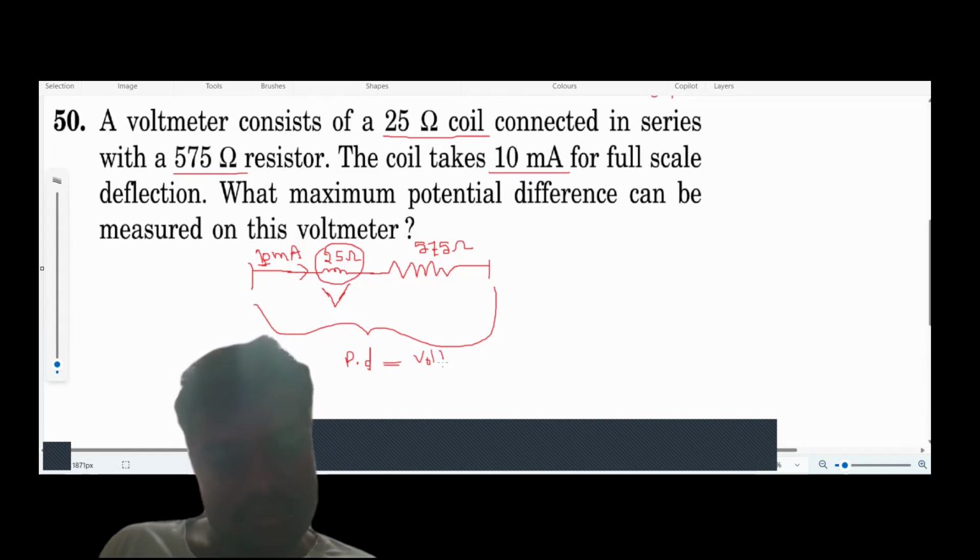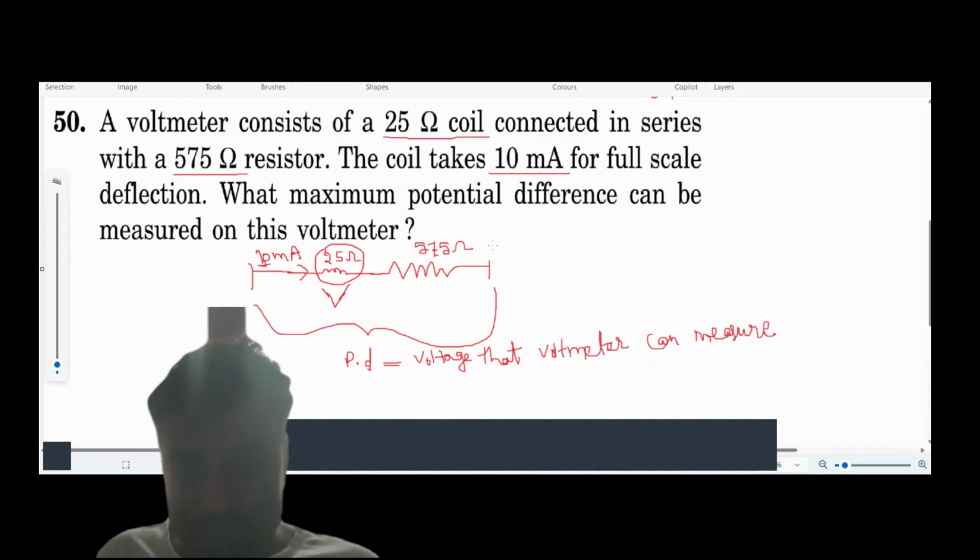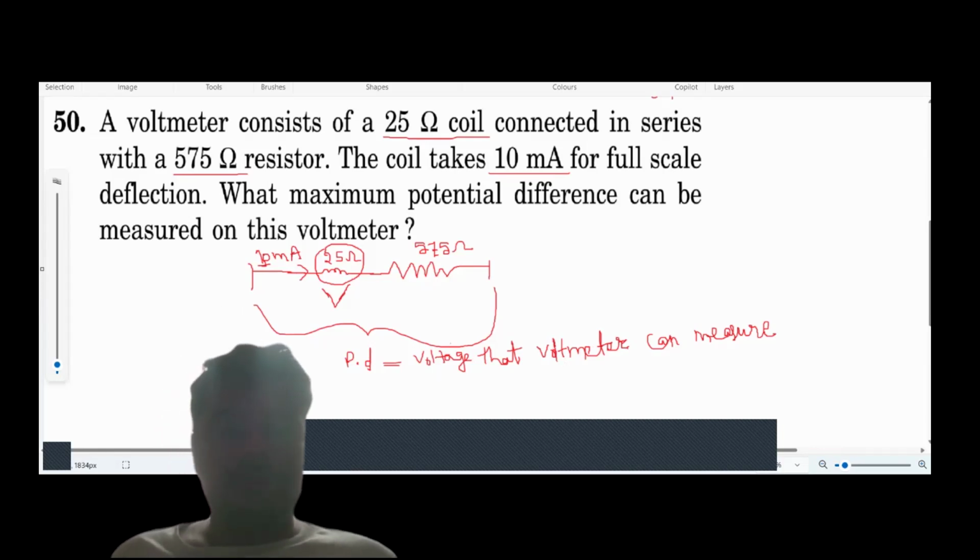The voltage that the voltmeter can measure is nothing else but the potential difference across the coil and the series connected resistance.